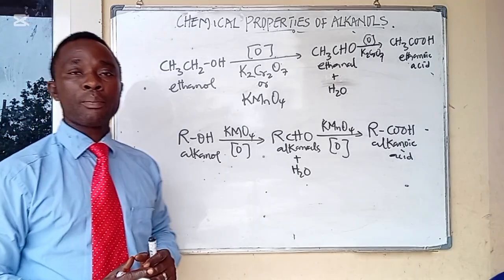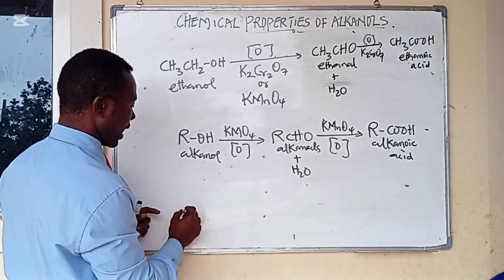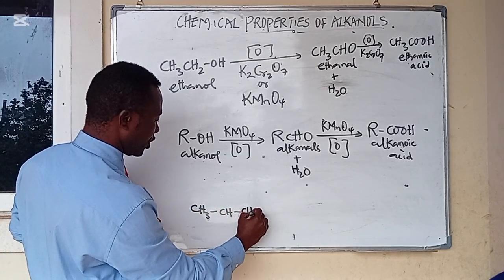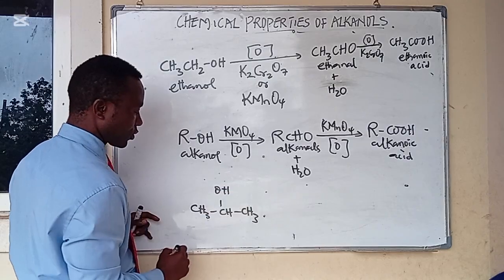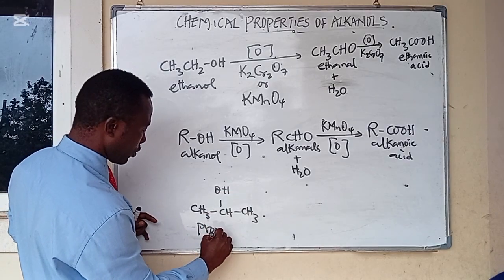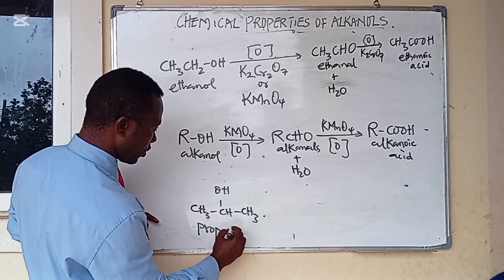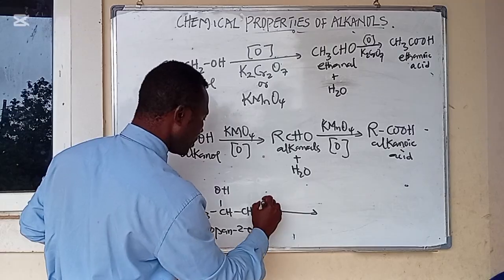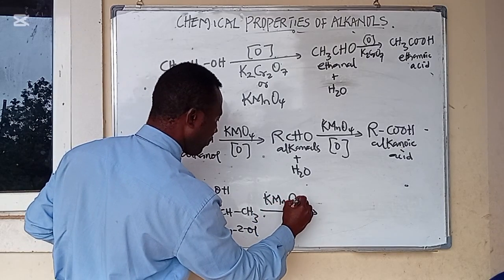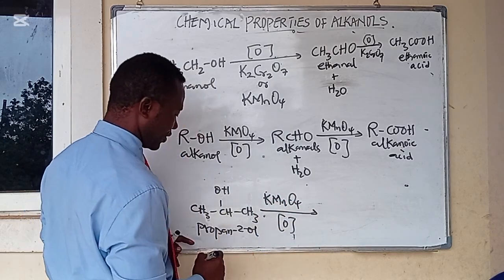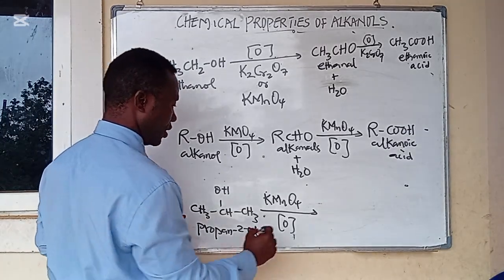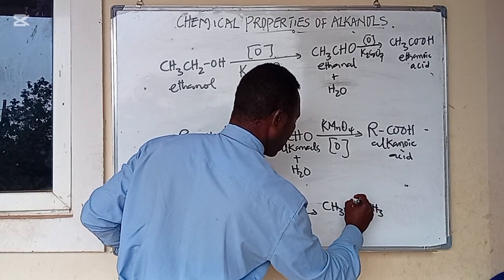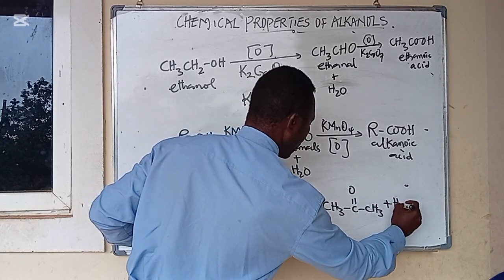So that is how you go with that reaction. Now what of when we use a secondary alkanol? If we use a secondary alkanol, such as CH3CH(OH)CH3, this is propan-2-ol, we want to oxidize it using KMnO4. When you oxidize, you are going to get CH3C(=O)CH3 plus H2O.